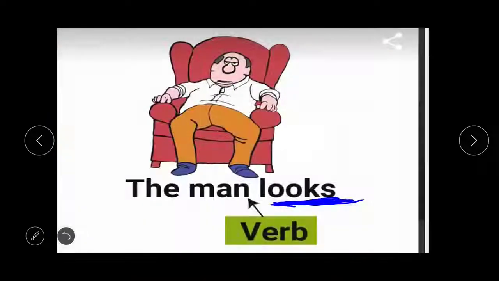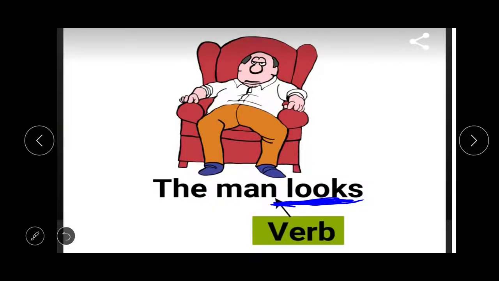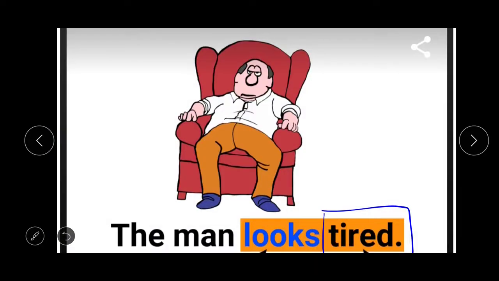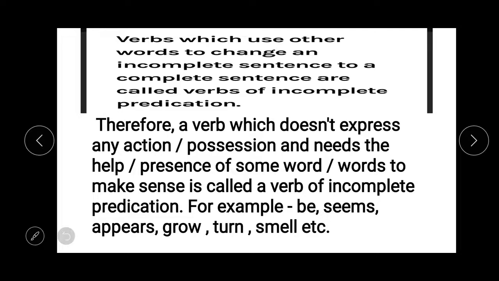Earlier this sentence was sounding incomplete, but now after adding the word tired, it has become complete in sense. So student, it is called verbs of incomplete predication, and this is our next topic.